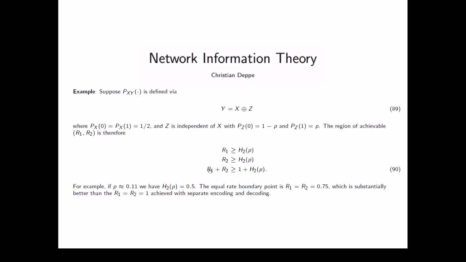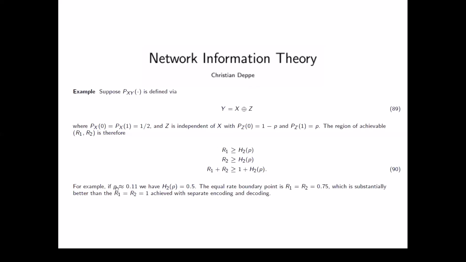Then if you look at the sum, R1 plus R2, that's the entropy of the joint distribution x and y, but this we can write as h of x, which at this time is 1, plus h of y under the condition x, which is h2 of p. So we know that this rate region is achievable and also best possible.